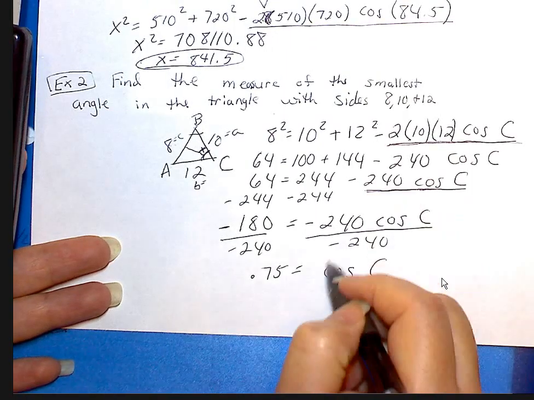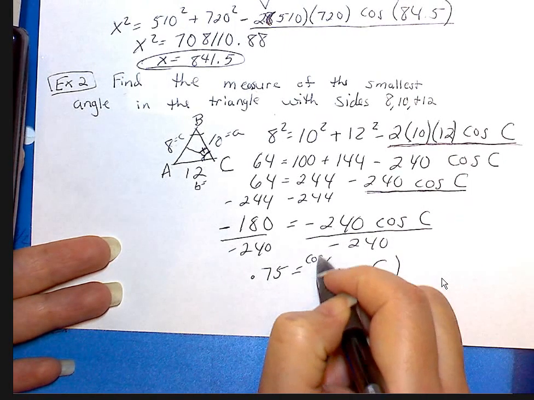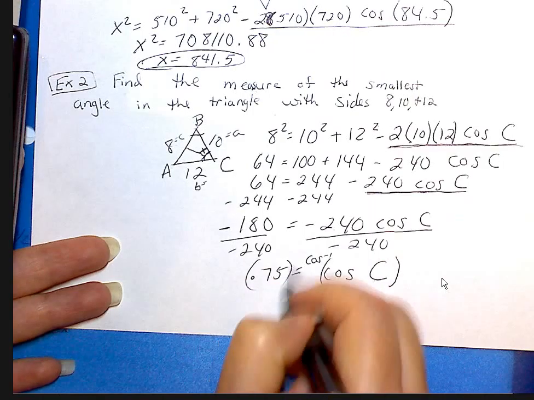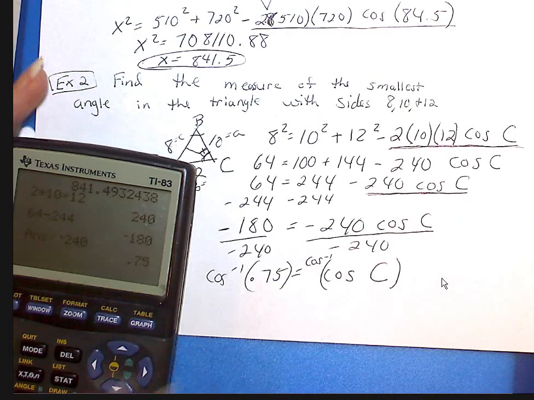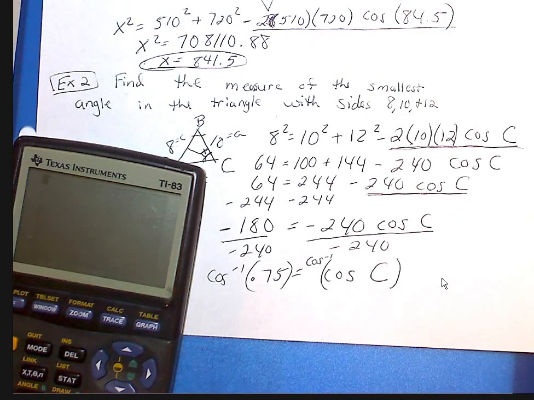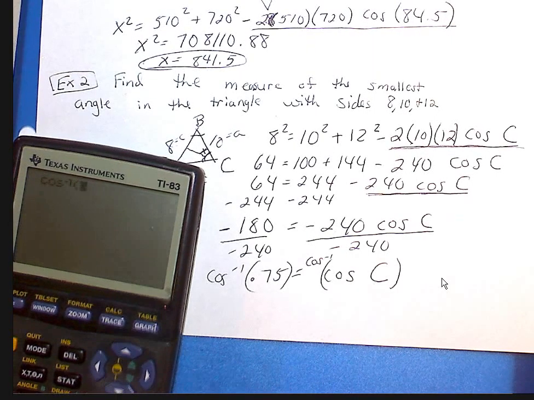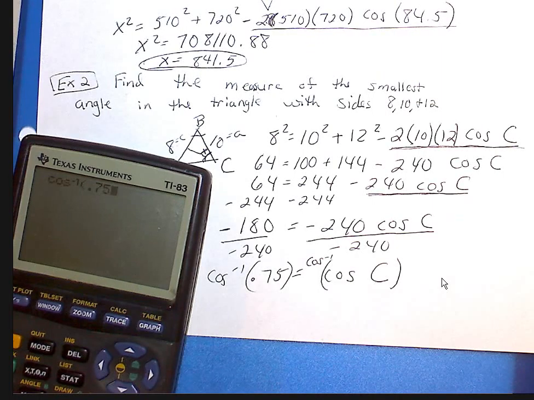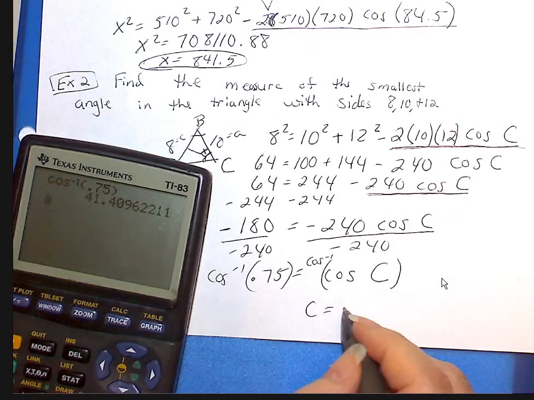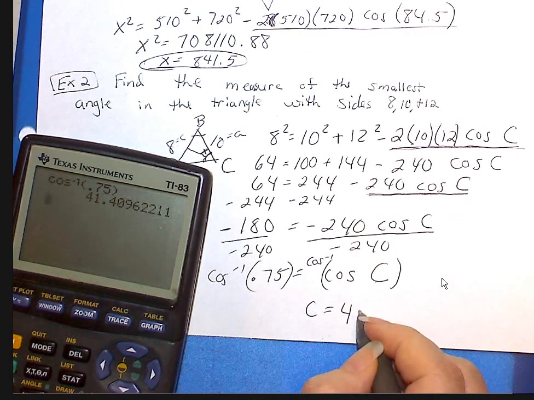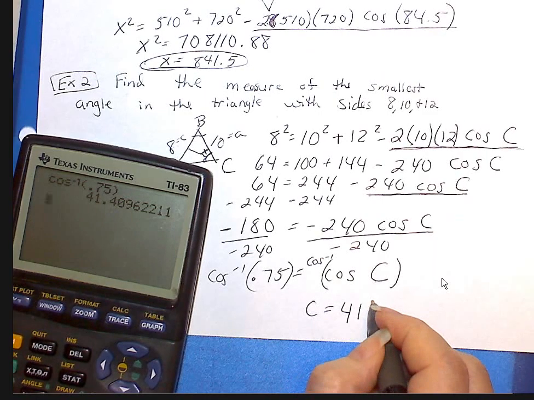Yeah, you take the inverse cosine of both sides. Then you plug that into your calculator. So I have cosine inverse of 0.75. So C is 41 degrees.